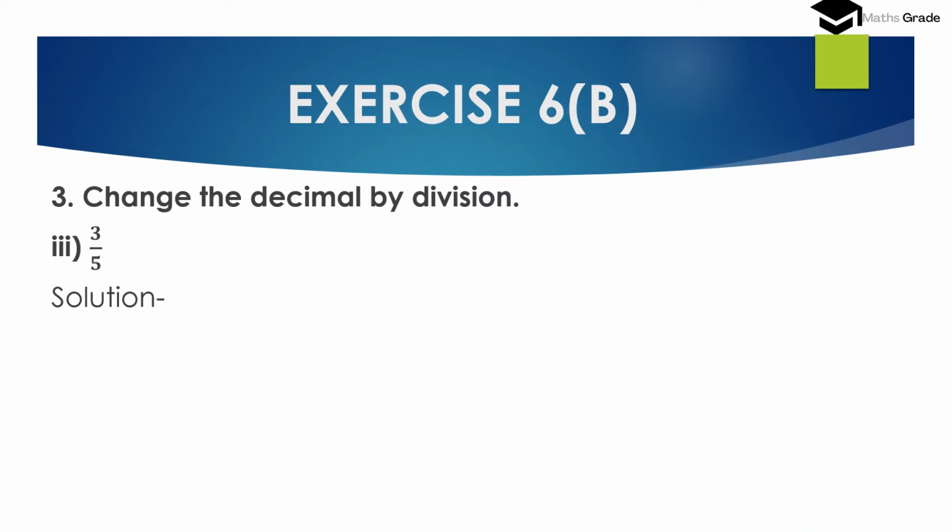Now third bit, 3 divided by 5. We have to convert this fraction 3 divided by 5 into decimal by using the division method. So we can write 3 as 3.0. Now divide 3 by 5. We cannot divide 3 by 5, so 5 multiplied with 0 is 0.